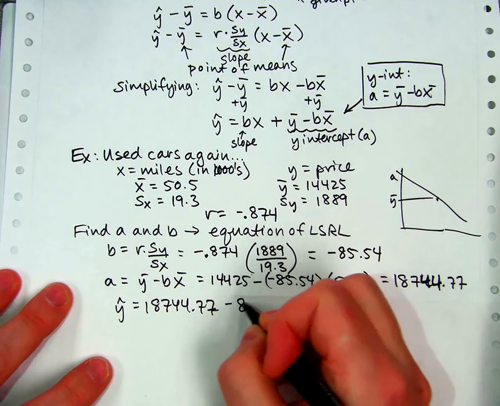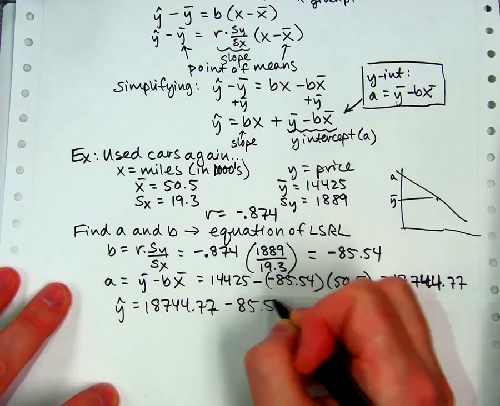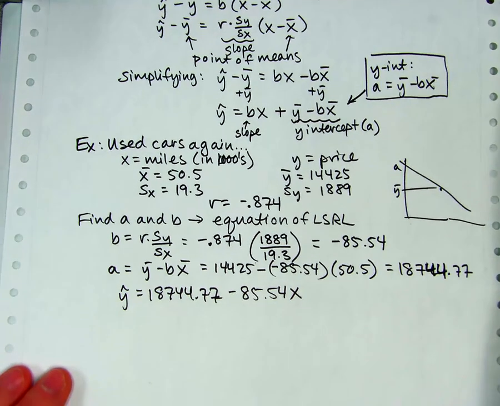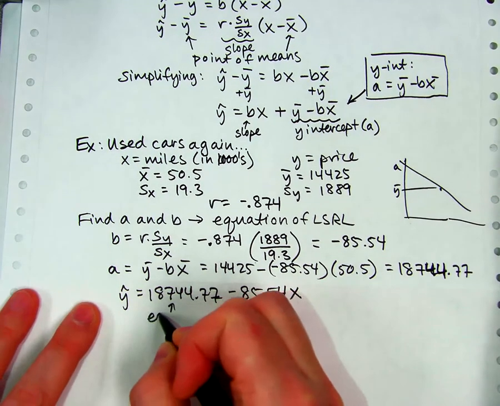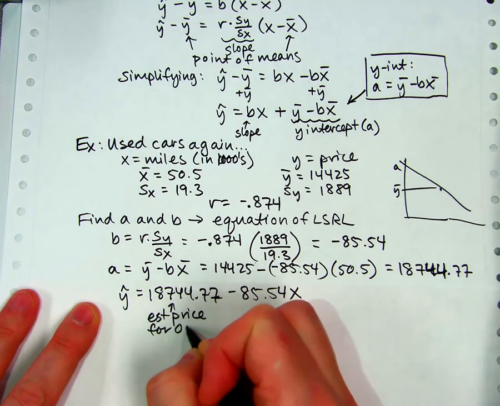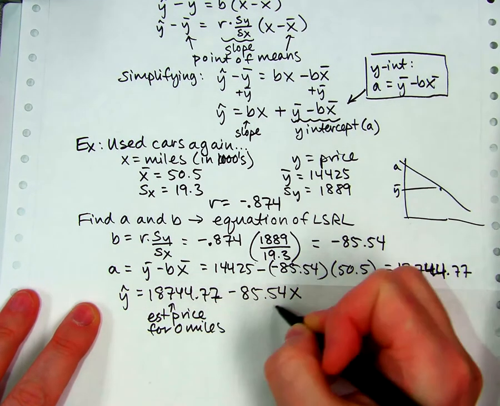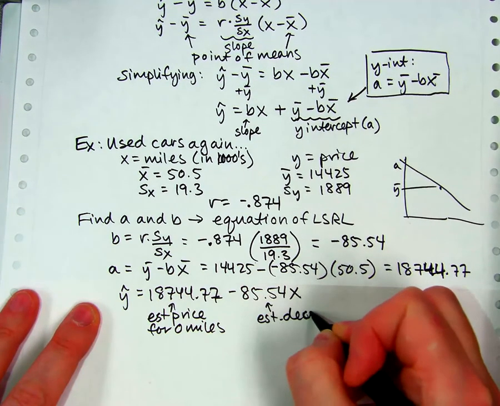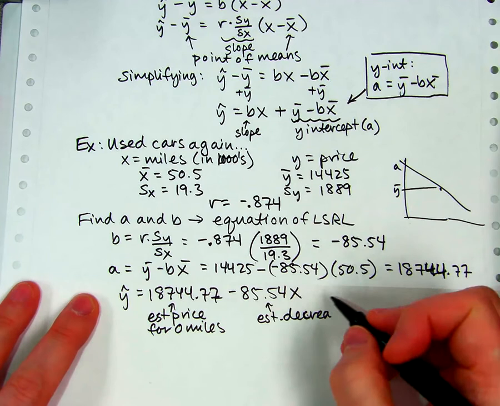There's another reason it makes sense, but I'll tell you that later when we get to that. So that is my equation that I just found. Remember that this is our estimated price for 0 miles. And this is our estimated decrease in price whenever the miles goes up 1,000.